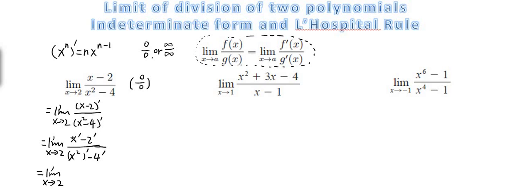So here for the derivative of x, n equals 1, plug in 1 here, 1 minus 1, x to the power 0, that is 1. The derivative of a constant is 0, and the derivative of x squared, following the power rule, you're gonna get 2x, and the derivative of 4 is 0.